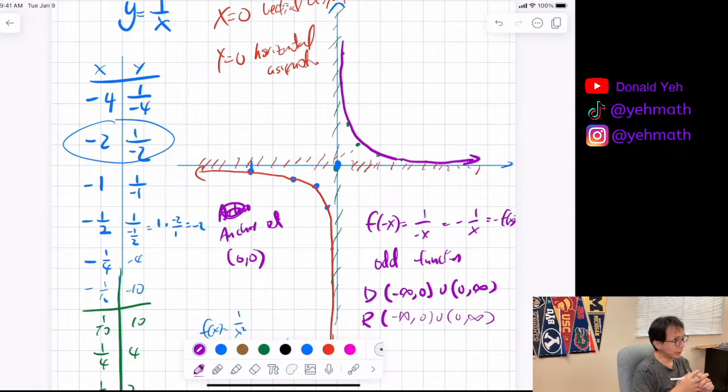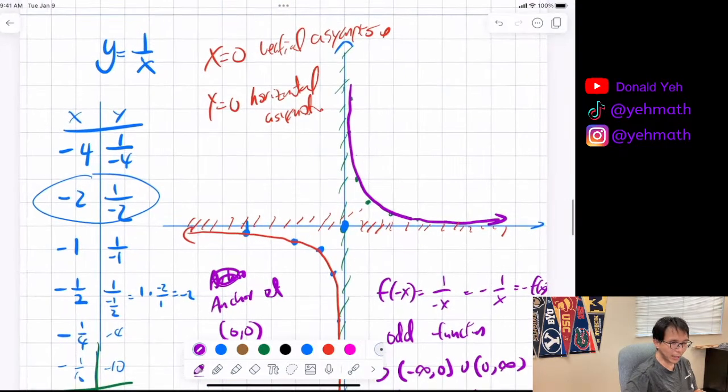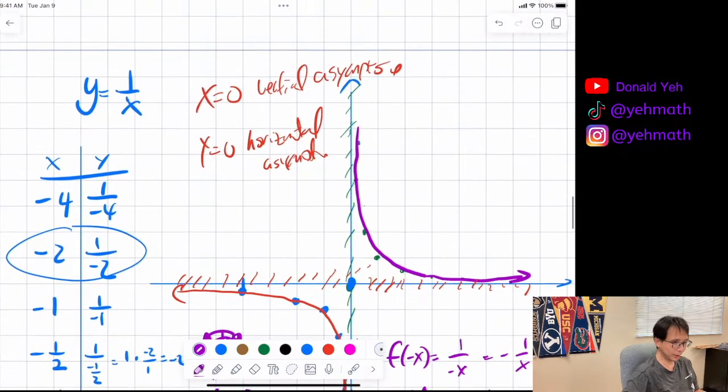Also, one more thing is this. We're going to learn how to write the end behavior here. What happens when the limit as x approaches infinity of f of x is equal to what? That's excellent.